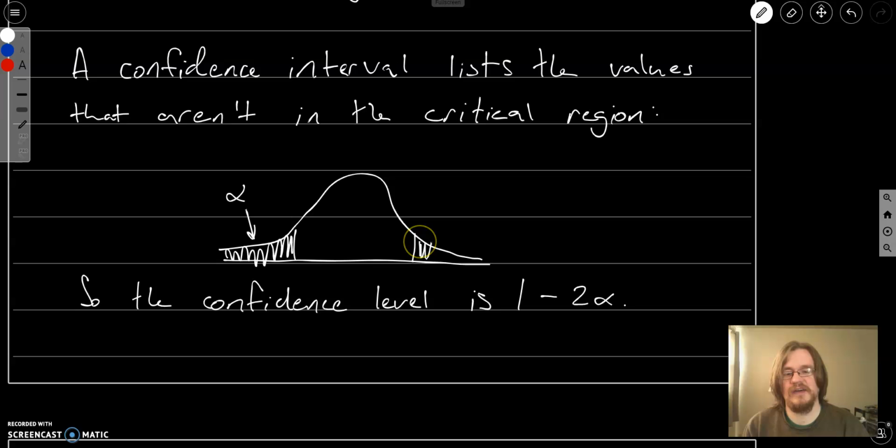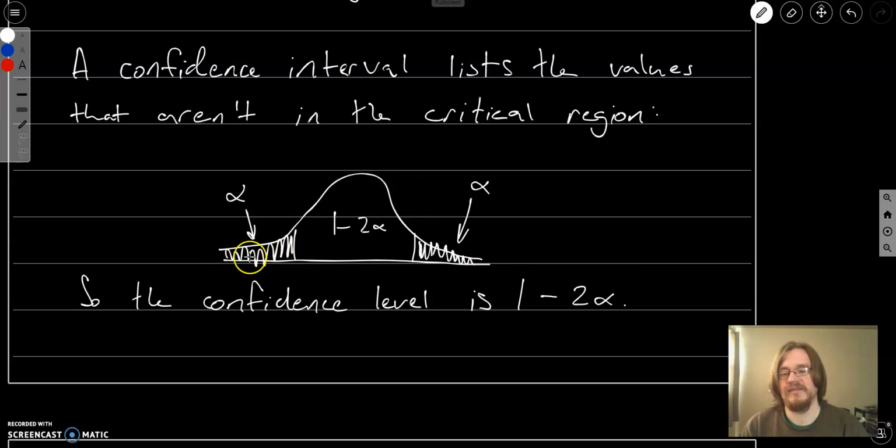So we also have a significance level. This is a symmetrical shape, so alpha also appears over here. So the confidence level, the area that's left over, is going to be 1 minus 2 alpha. The area under the curve is 1. The probability of anything happening is 1.